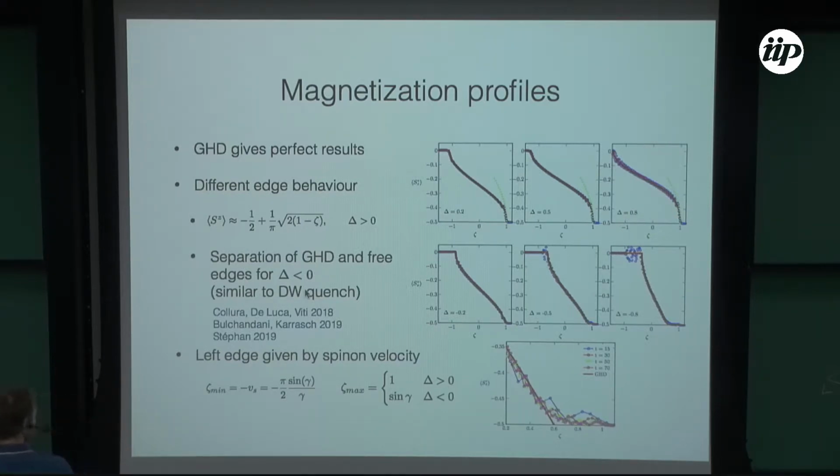Okay, and on the left-hand side, the velocity for any positive and negative interactions is given by the spinon velocity, since this is propagation in a zero magnetization background, okay? So this velocity does not depend on delta, apart from, of course, these extra features which we don't understand. Good. So this is a very nice proof that GHD works very well for such problems.